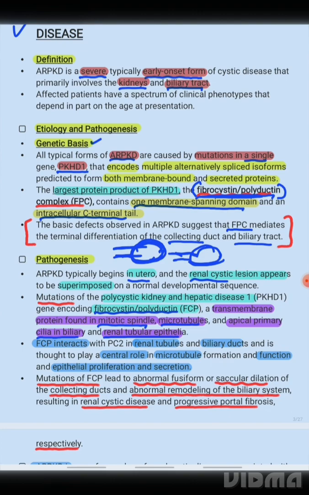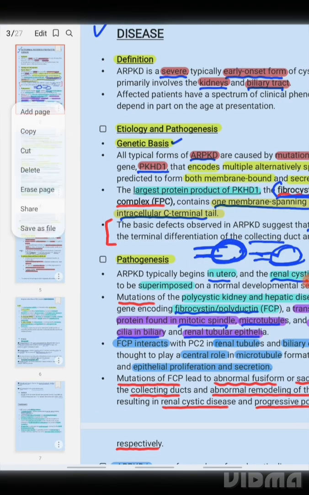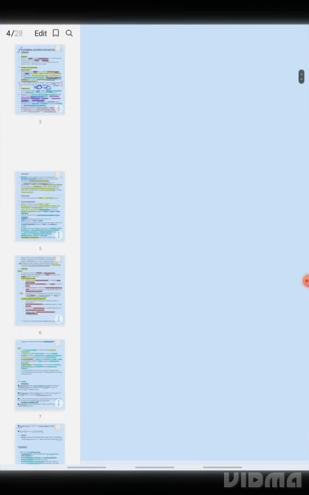If that tubular epithelial lining is disrupted, let me just give you a brief. This is the epithelium. This is the normal epithelium. It's lined by cells, and usually sometimes they are ciliated.